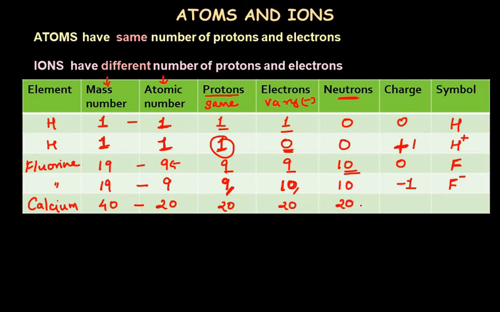It may not be necessary that the numbers of protons, neutrons and electrons are all the same; it may vary, as we have seen in the case of fluorine. So for the calcium atom they are all the same, 20. So the charge is 0 and the symbol is Ca, calcium only.